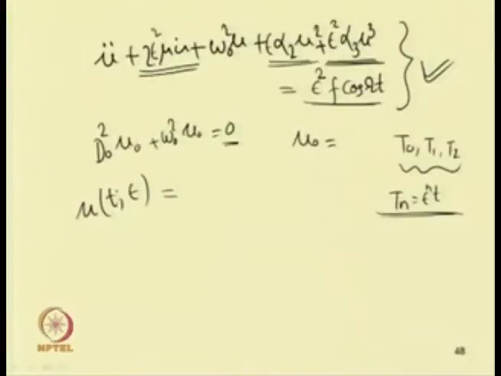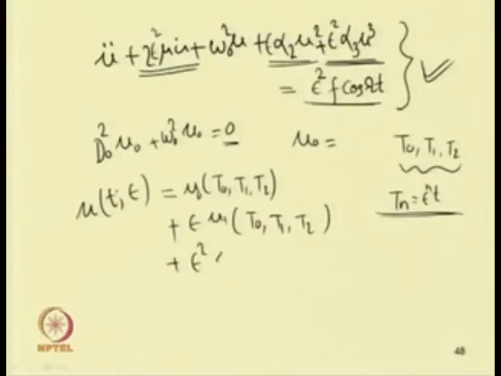So, we can write u(t, epsilon) equal to u0(t0, t1, t2) plus epsilon u1, which is a function of t0, t1, t2, plus epsilon square u2(t0, t1, t2).